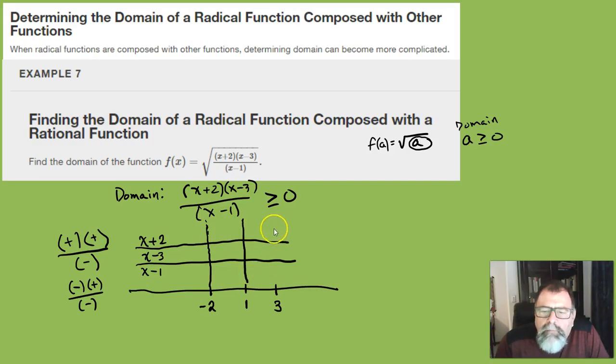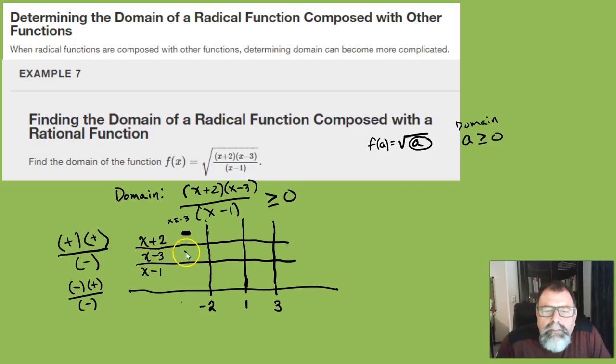This is called the sign graph method. There are other methods where you can do the test point method, but these are the values where the signs can change. So if I pick a number like x equals negative 3, negative 3 plus 2 is negative 1, and I don't care about the 1 part, I just care about the negative.